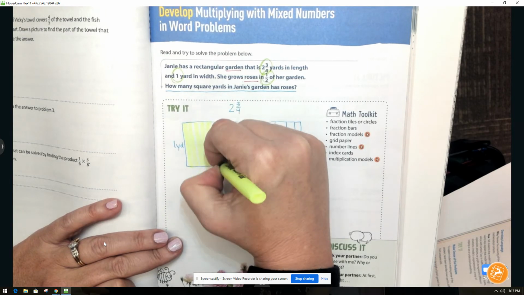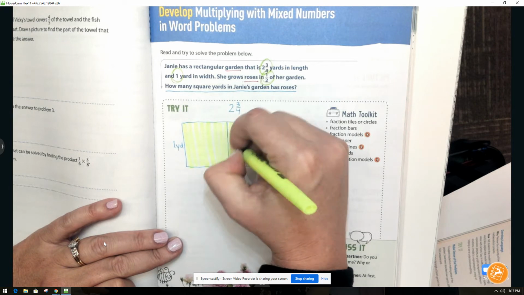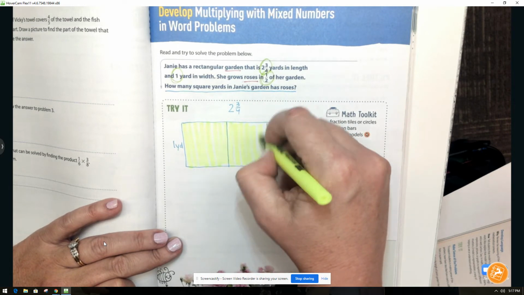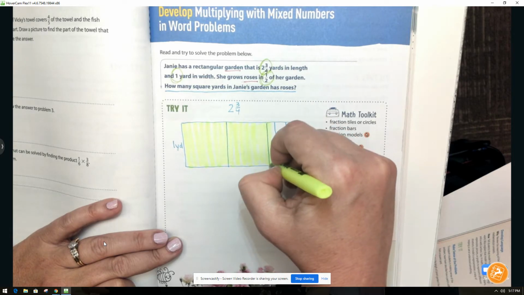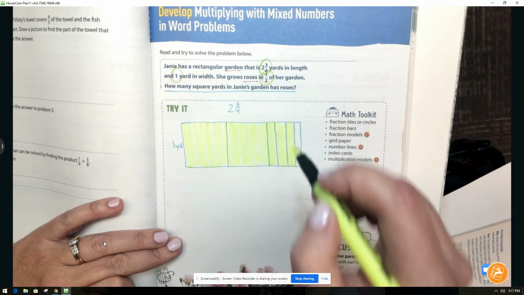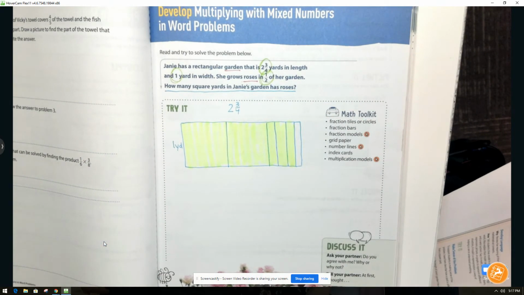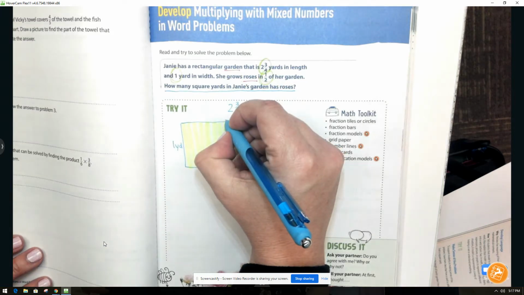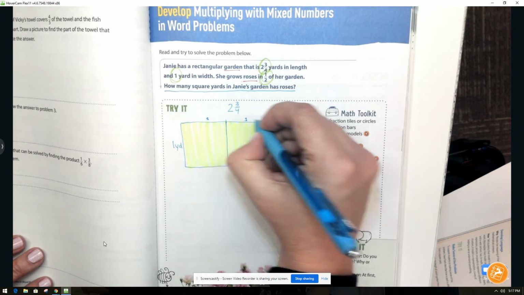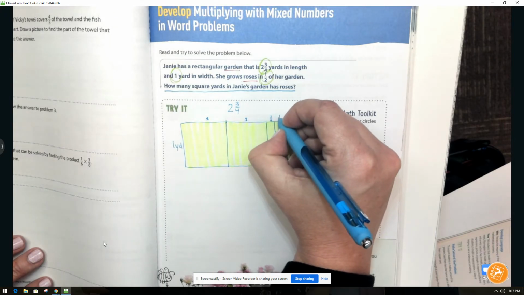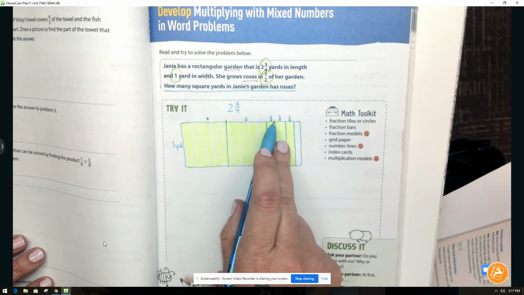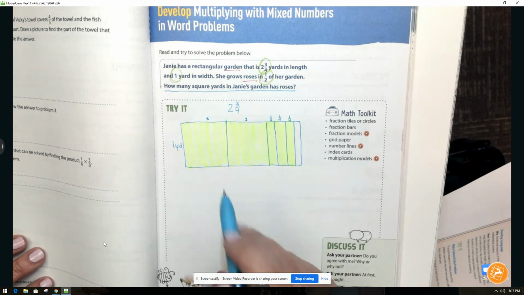Not my best coloring job. So we have 2 wholes, and then 1, 2, 3/4 of a third whole. Okay, would you agree with me that from here to here is 1, from here to here is 1, and then 1/4, 1/4, and 1/4. So if you added up 1, 1, and 3/4, you would get 2 3/4.